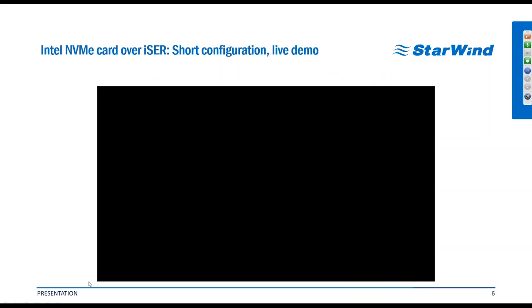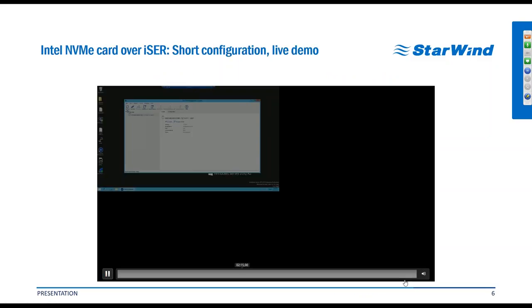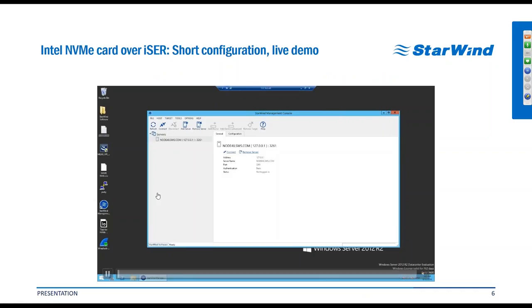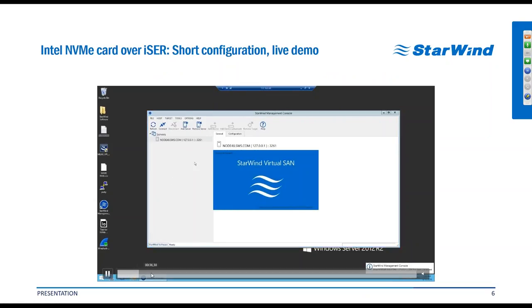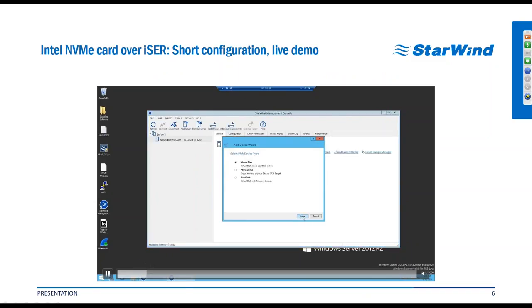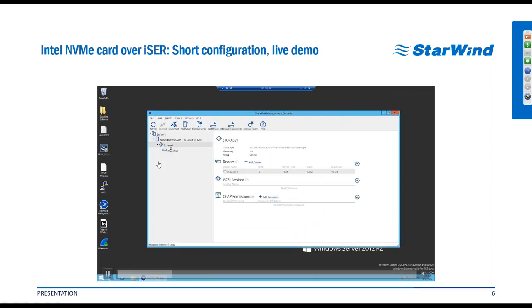What we do is we connect to it, set up a StarWind device. There's nothing special about setting up. You set it up like you would set up a usual device, so nothing to look at over here. So this is our Linux box. What we do is we discover the StarWind target first of all.